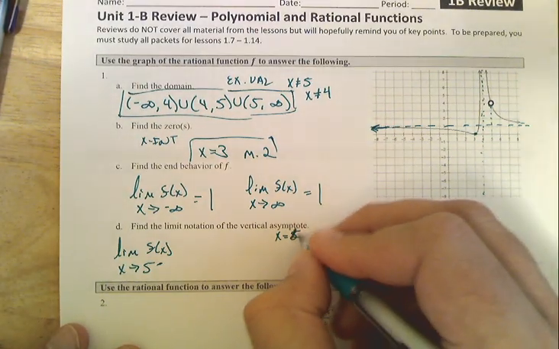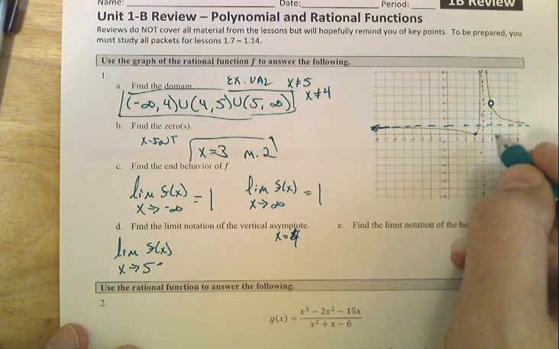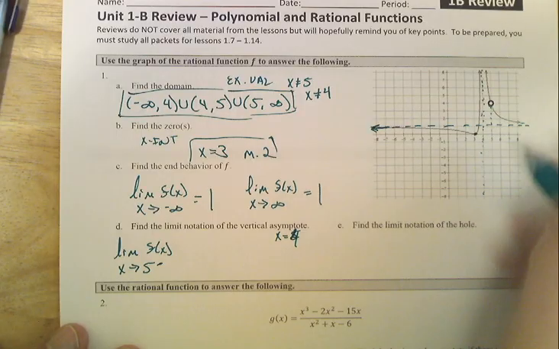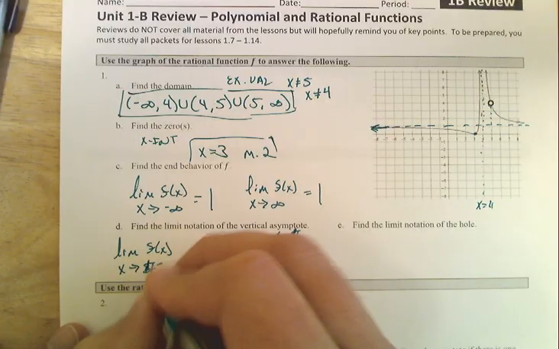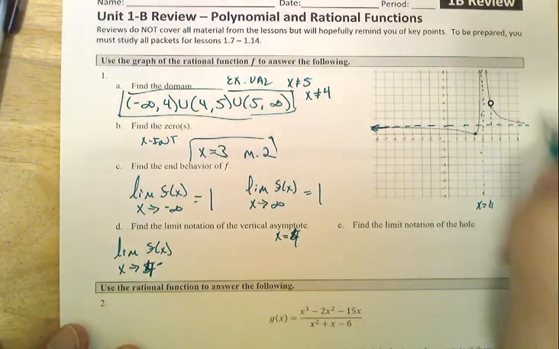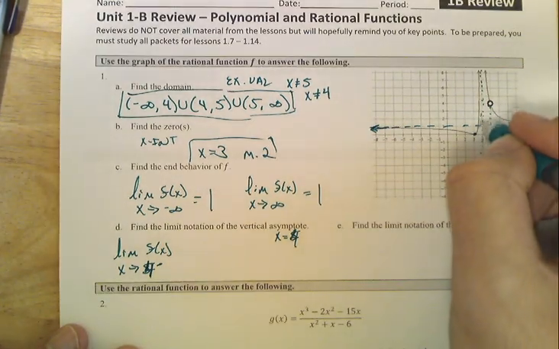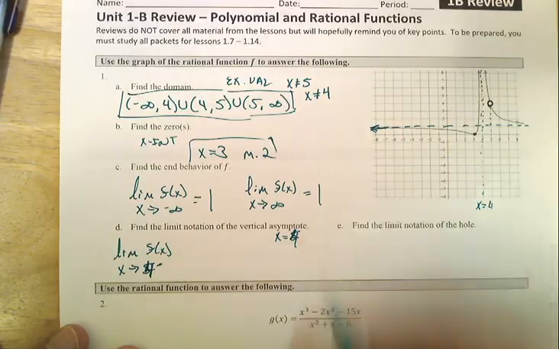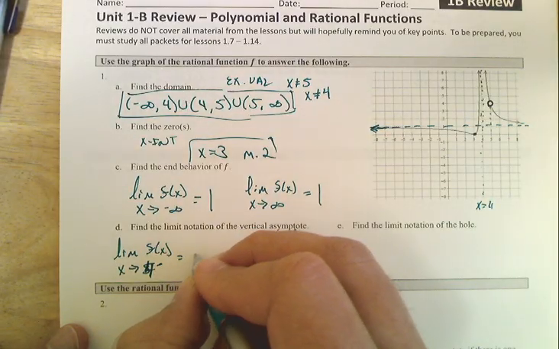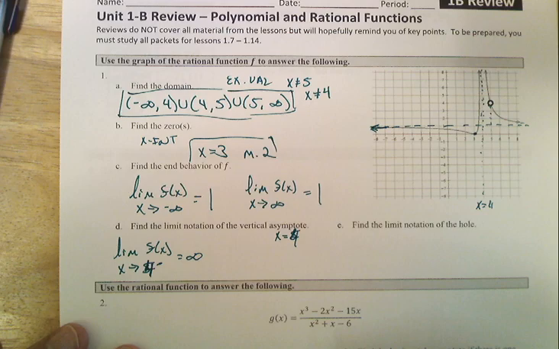This should be 4. My vertical asymptote's at 4. So let's fix that real quick. There we go. As I approach 4 from the left side, the y value is rocketing upwards towards infinity. So that should be positive infinity.